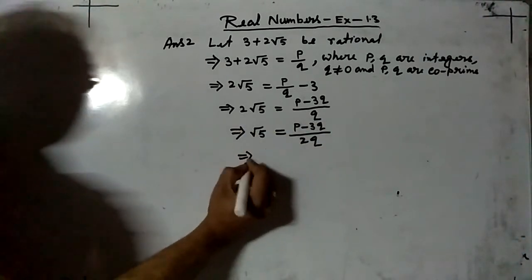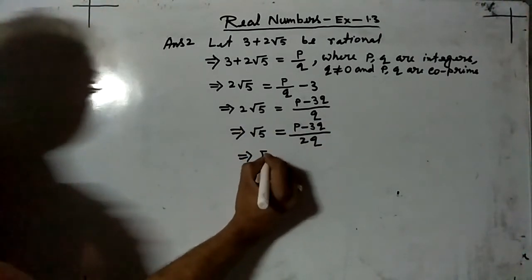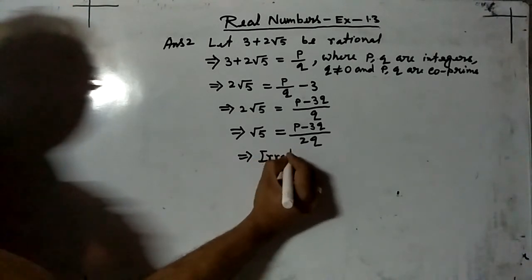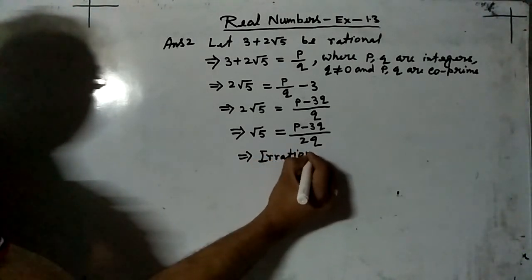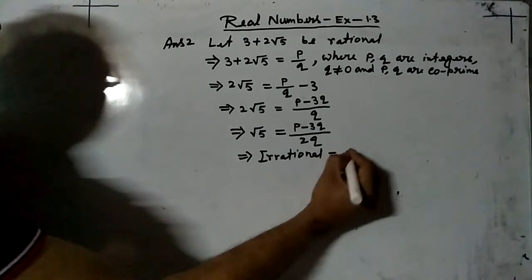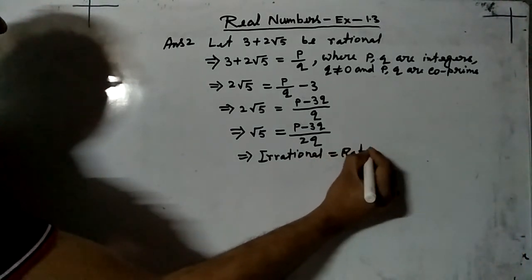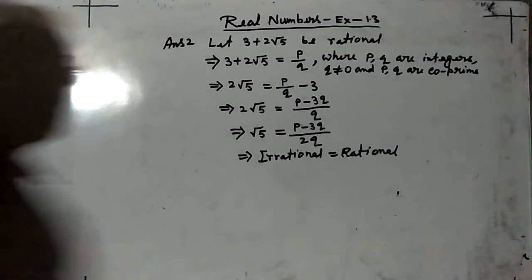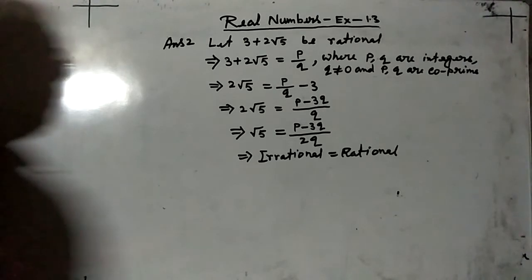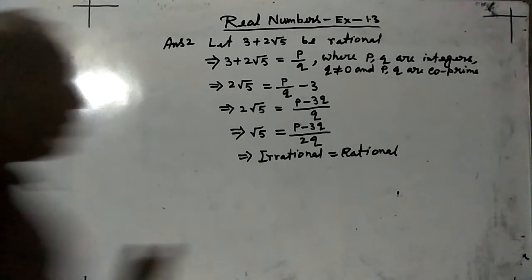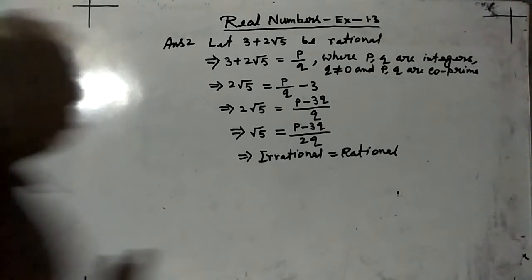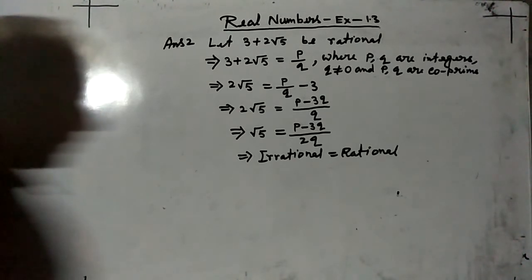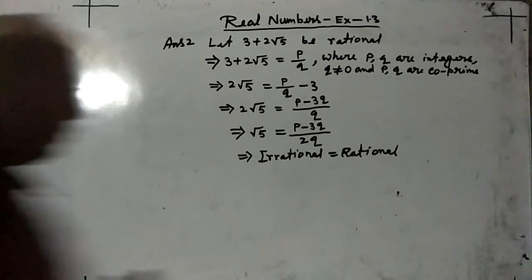So on the left hand side we are getting irrational, and on the right hand side we are getting rational. Now rational and irrational, both types of numbers should not be equal because these two are totally disjoint.